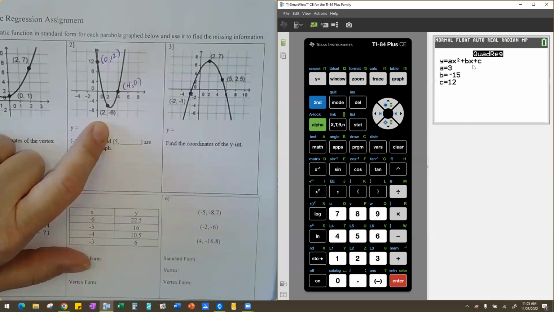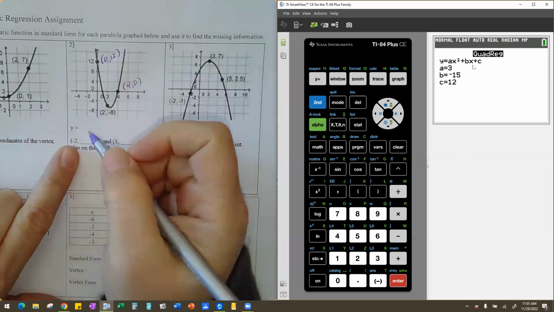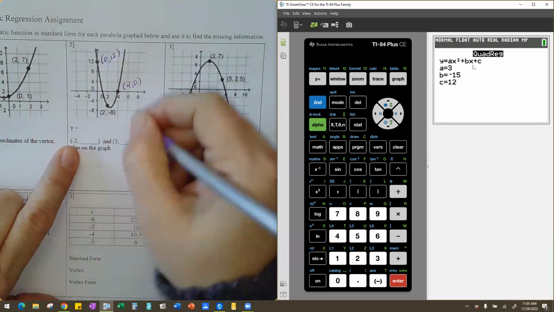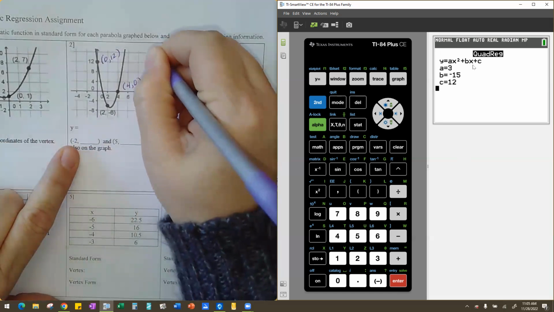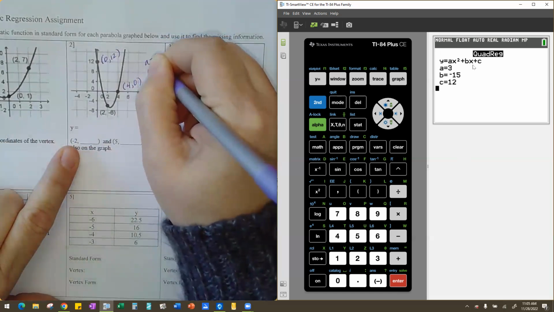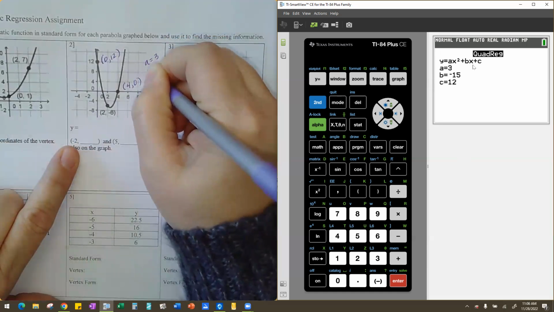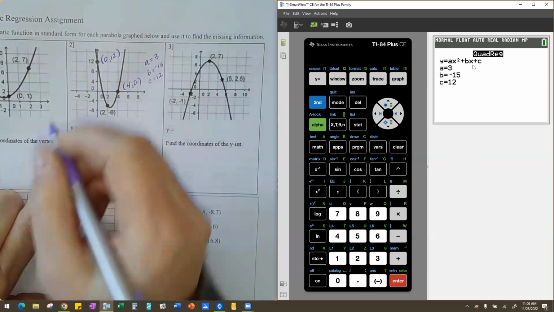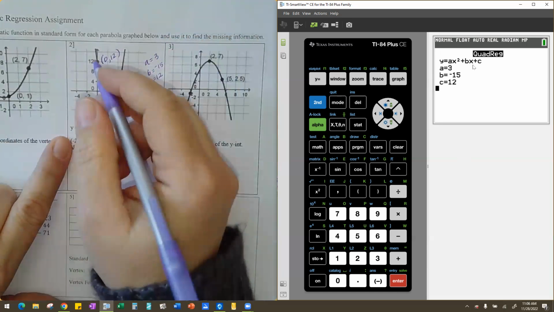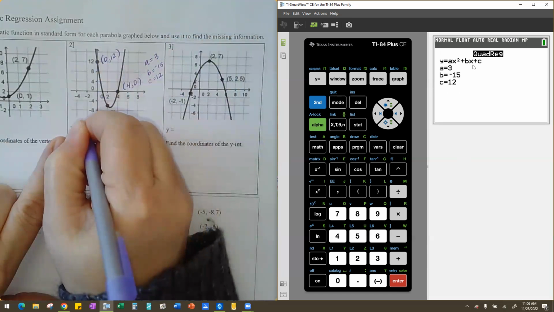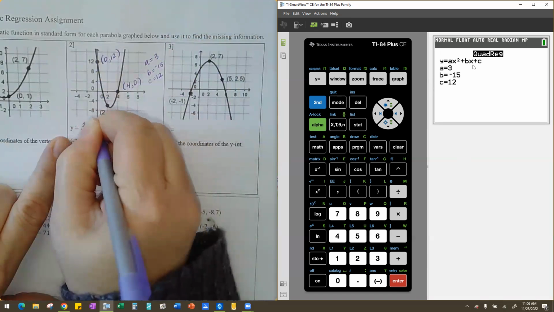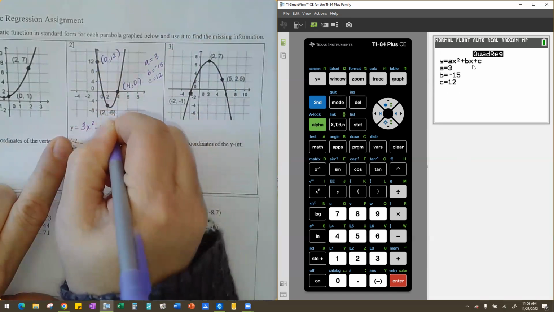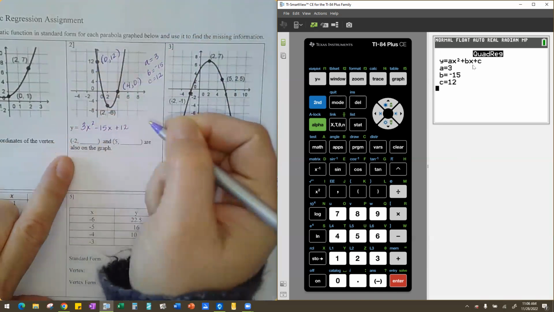For a standard form equation, A is 3, B is -15, and C is 12. The equation for this curve is 3x squared minus 15x plus 12.